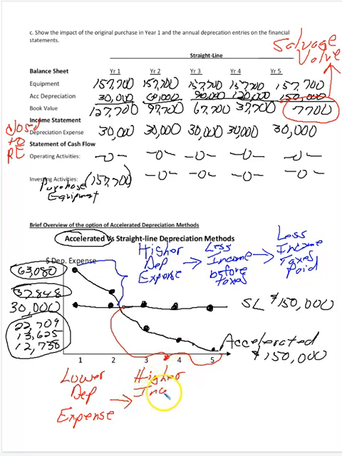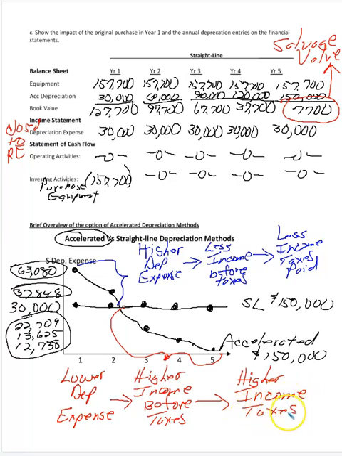So we'll put higher income before taxes. Now, if I have a higher taxable income, I am going to have higher income taxes paid, higher income tax expense, and thus higher income taxes paid.